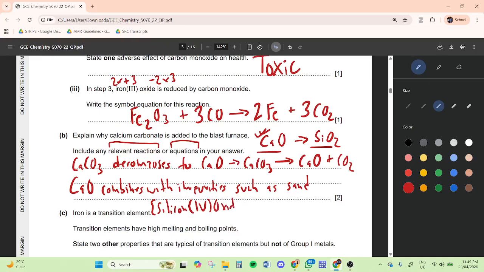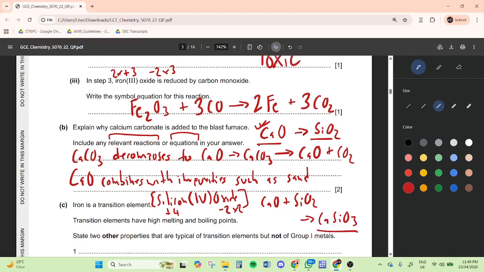So that's basically its oxidation state, which is why, so this is -2, you need 2 of this, so this will be +4. And then you write down the equation, CaO plus SiO2 gives you calcium silicate.